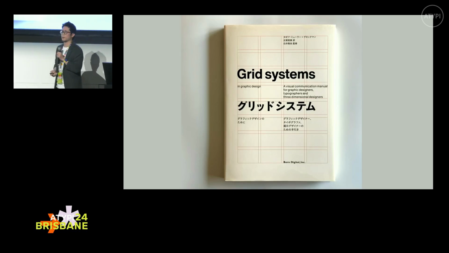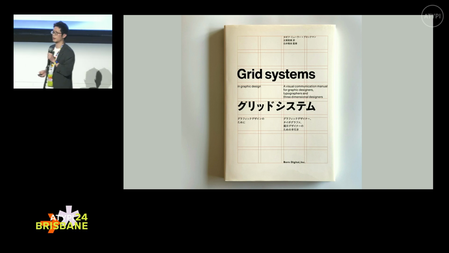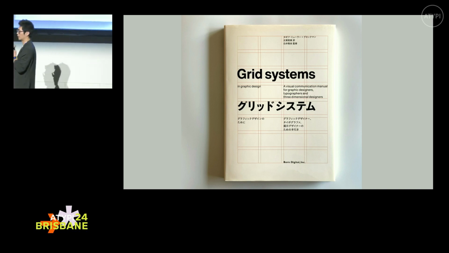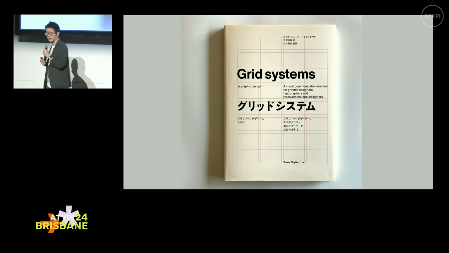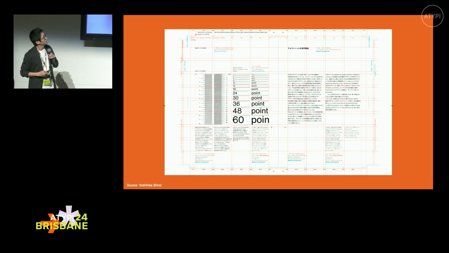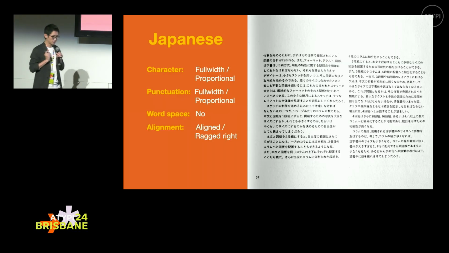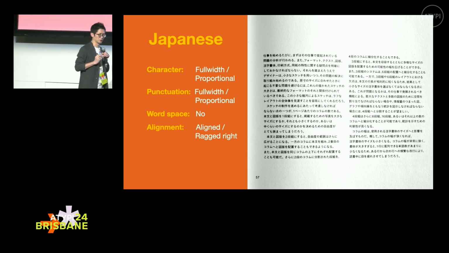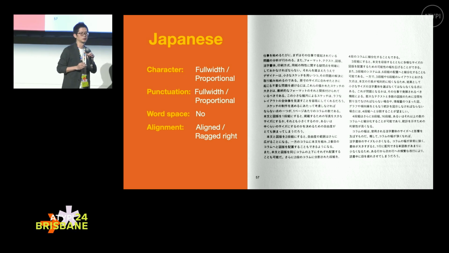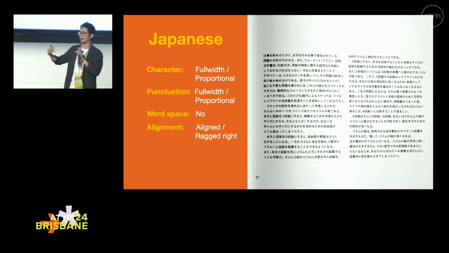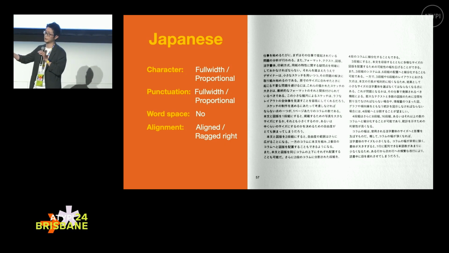And this is the Japanese one. It is designed and supervised by Mr. Shirai, who is also a designer I very much respect. He also makes very precise calculations, and it's interesting that we do the calculation differently and the results are almost the same. But Japanese is difficult and complex because the Japanese writing system has kanji, the characters, and also kana, hiragana and katakana, which may be proportional.